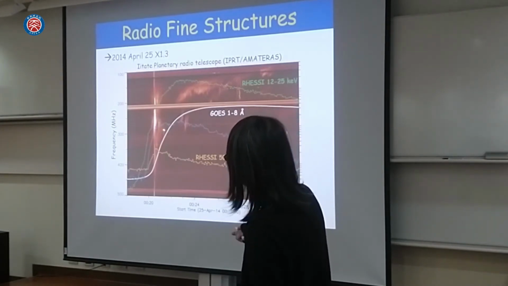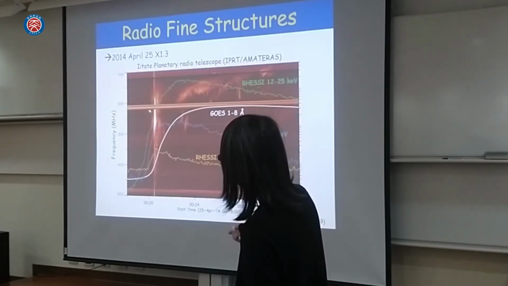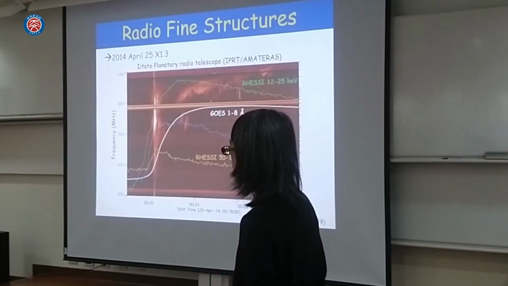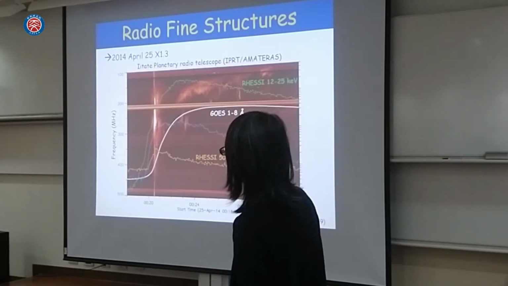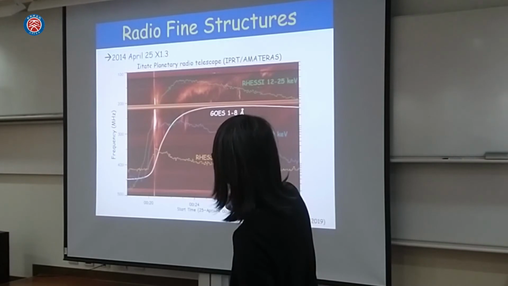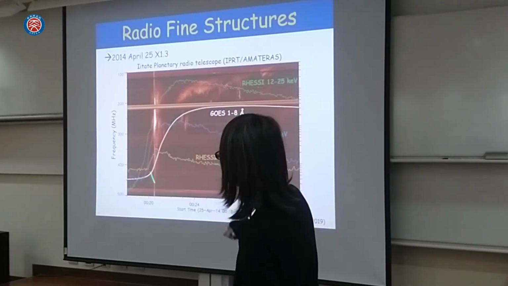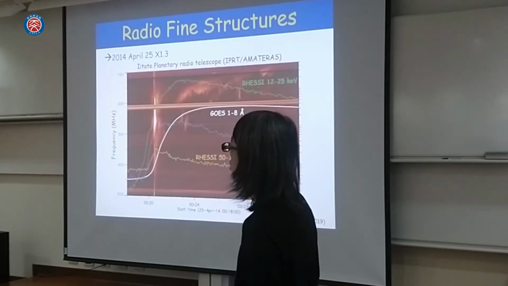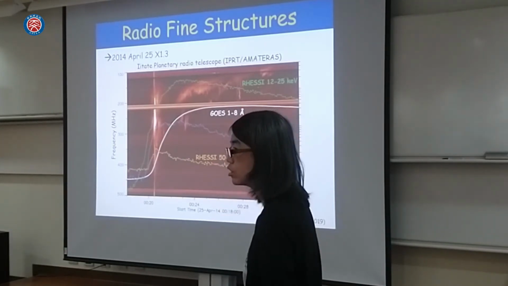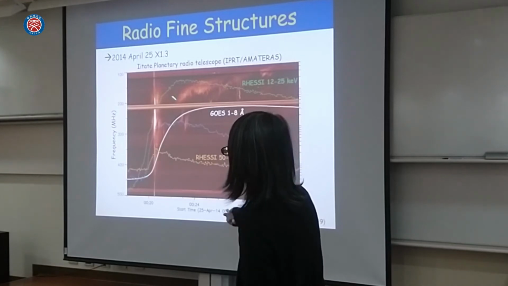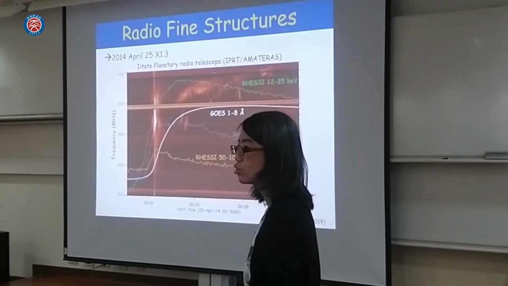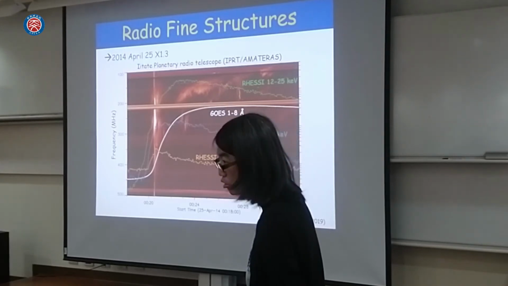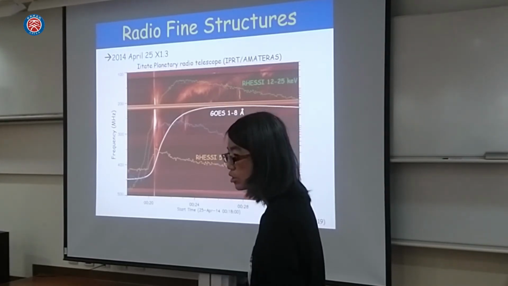The white color indicates strong radio emission, so you can see there is a strong radio emission over here. This strong radio emission we call the tadpole radio burst, and usually the tadpole radio burst is associated with magnetic reconnection, or say associated with flares.